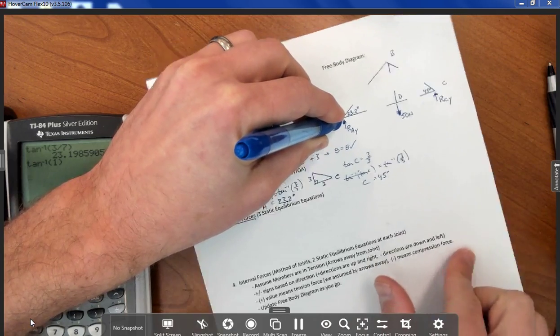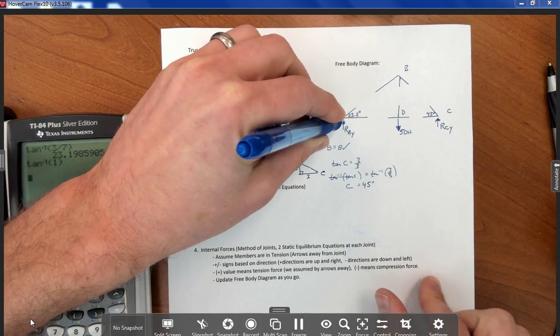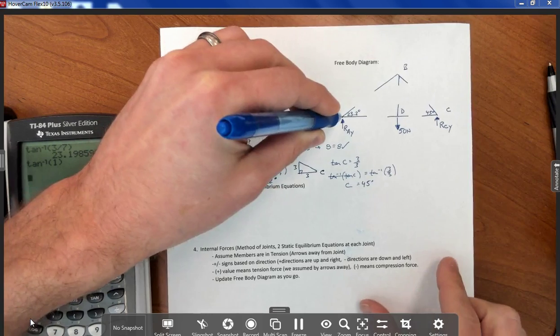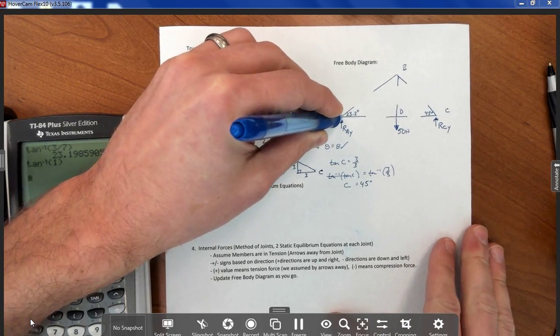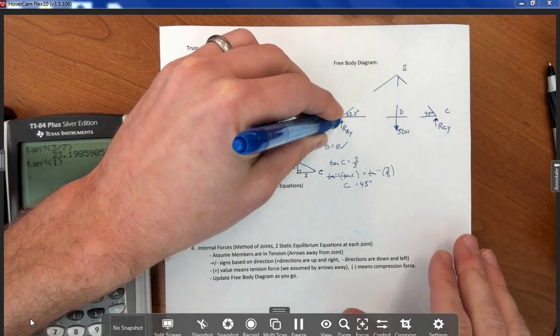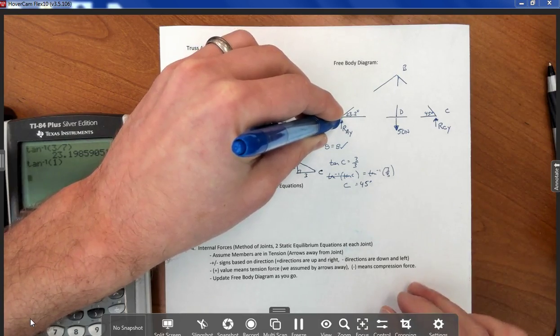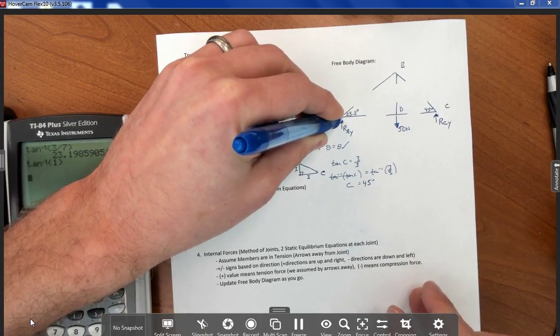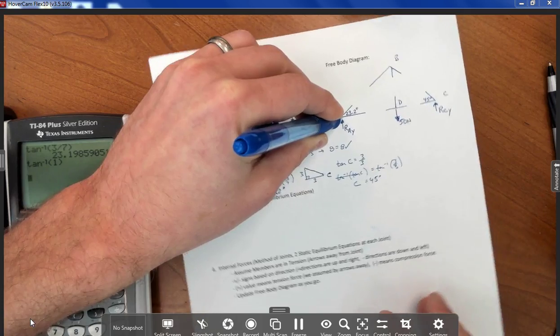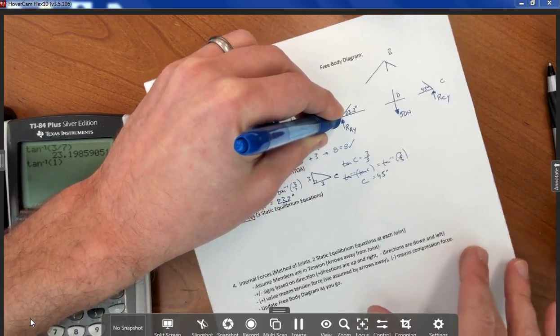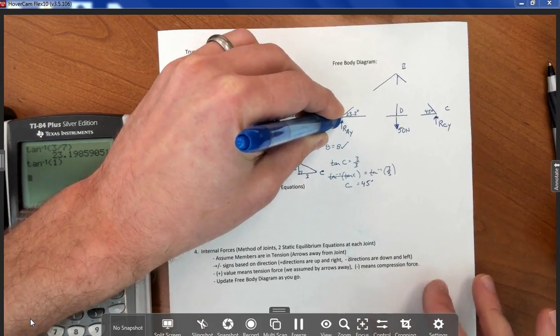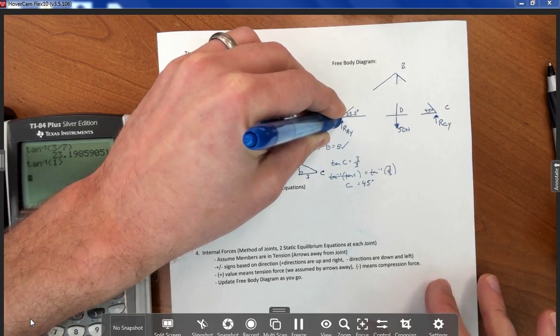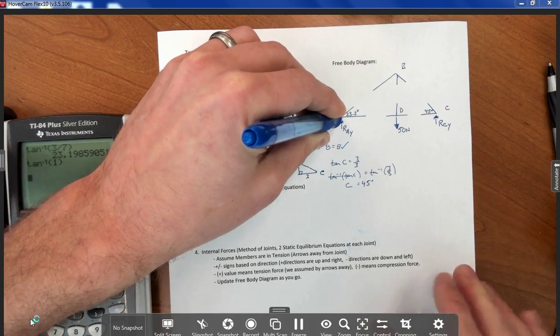That's the one point that's really stuck. Well, statically, this truss should be in static equilibrium, meaning it's not moving. So we need to make sure that any forces that would cause a rotational effect, a moment we call it, are balancing each other out and they net zero.